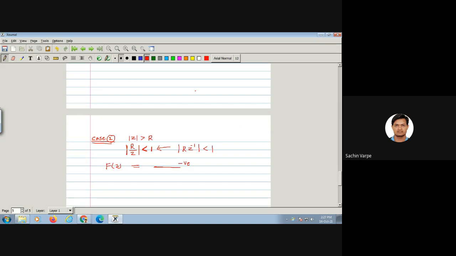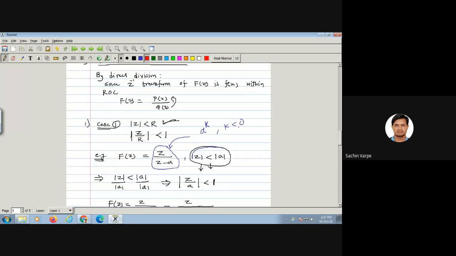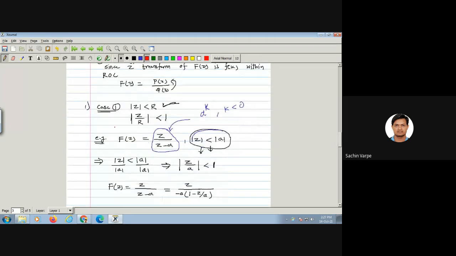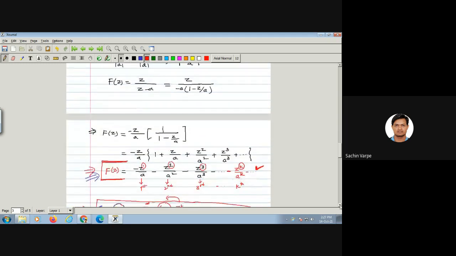And in the previous case, you can see that the power of z was positive, right? Mod of z raised to 1 upon r. So the power of z is positive. That is why we were getting all the powers of z to be positive in the expansion. Is the point clear?